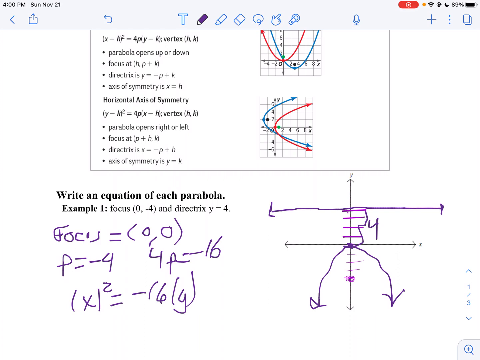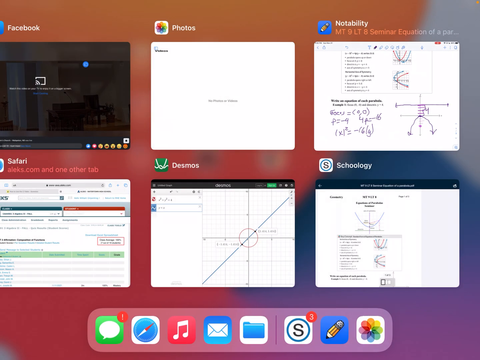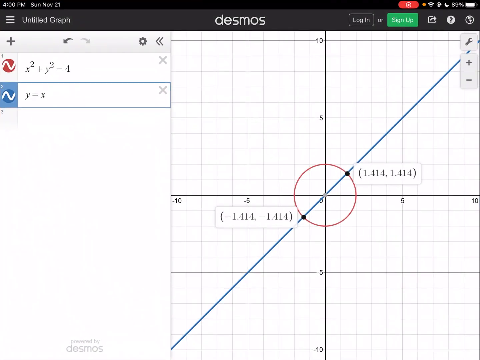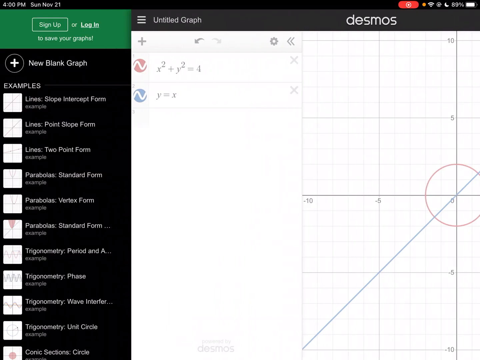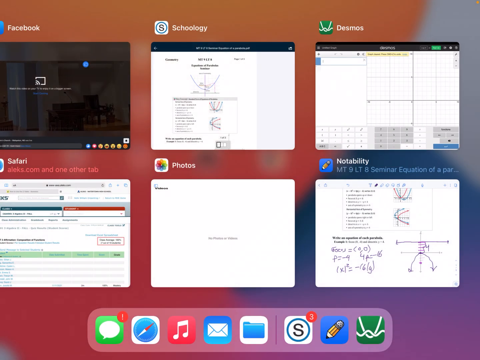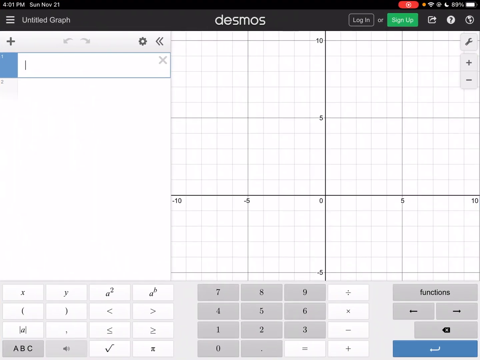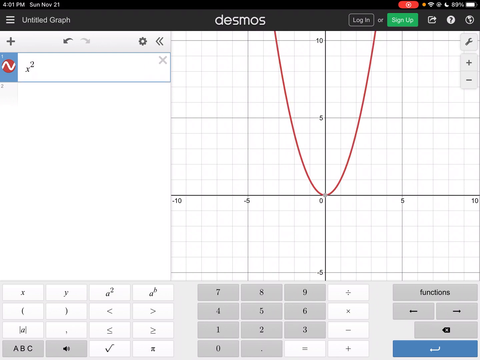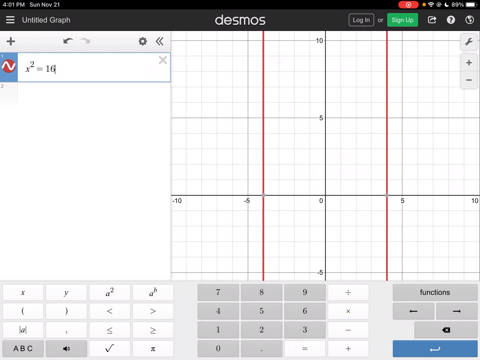Now, we can double check that. So let's go into Desmos. First off, I'm going to make a new graph here. So I'm going to say x squared equals negative 16y.